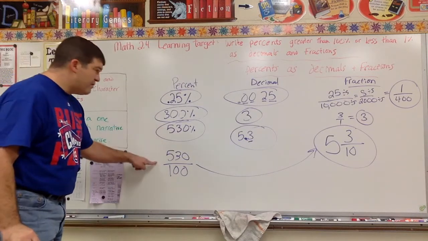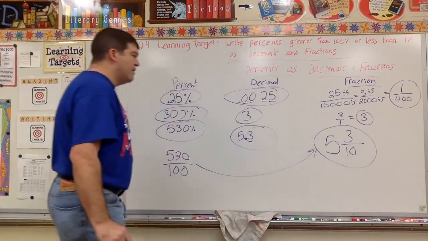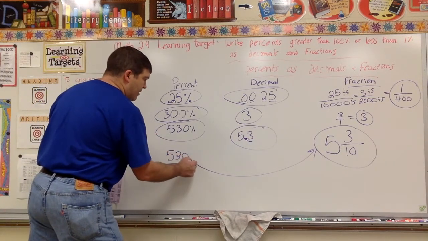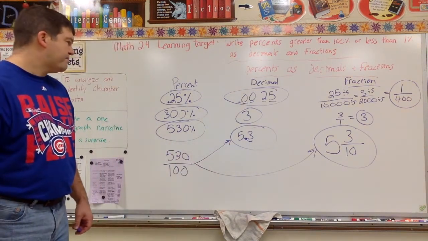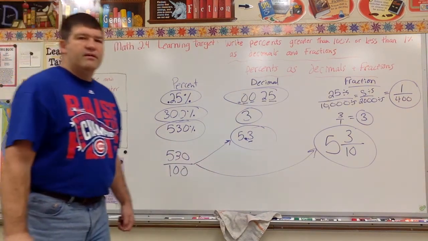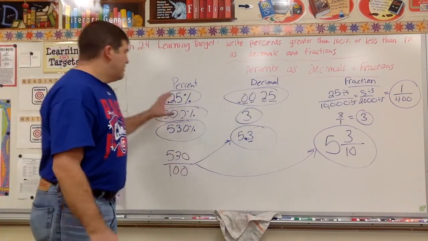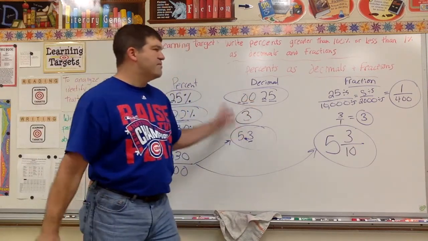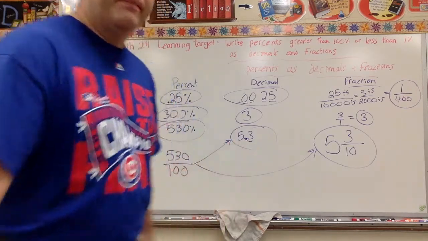So I could have gone right to a fraction and then simplified this. I could also have taken this and said 530 divided by 100 and got 5.3 also. Okay, so you've got to really think about this. How do I get this percent to a decimal? And then once I have it as a decimal, how do I make it into a fraction? Okay, let's go the other way.